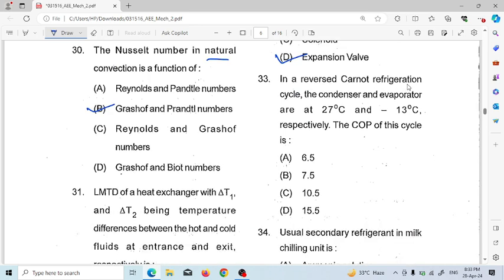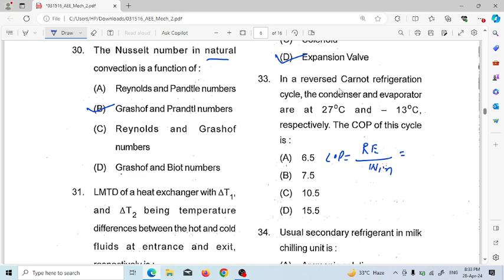In a reverse Carnot refrigeration cycle, that means Bell Coleman cycle, the condenser and evaporator are at 27 degrees centigrade and 13 degrees centigrade. Then the COP of the cycle. So COP of the cycle, we know refrigeration effect over work input.